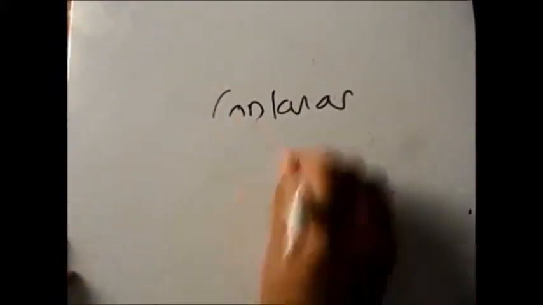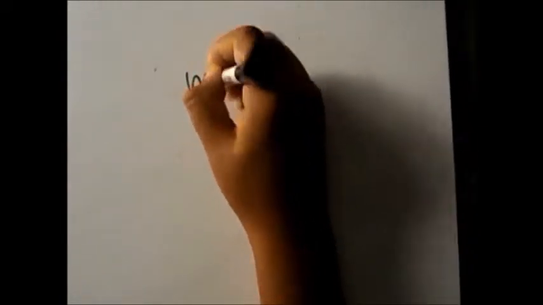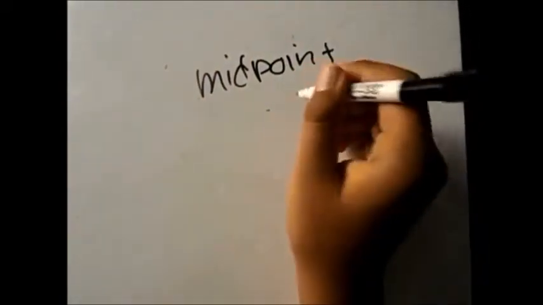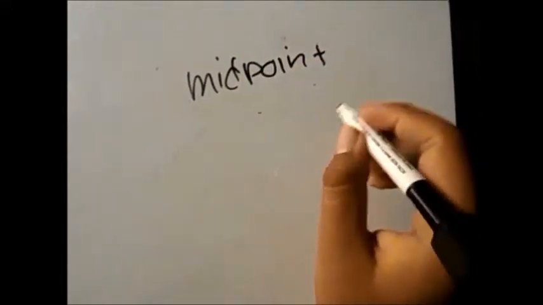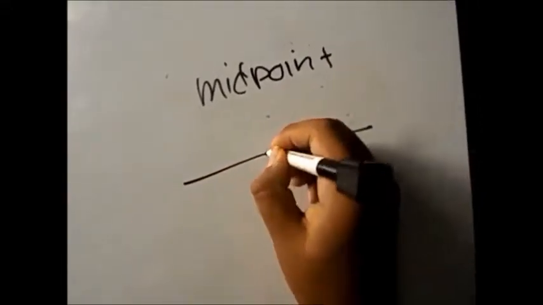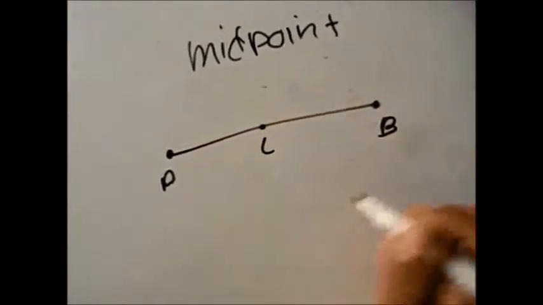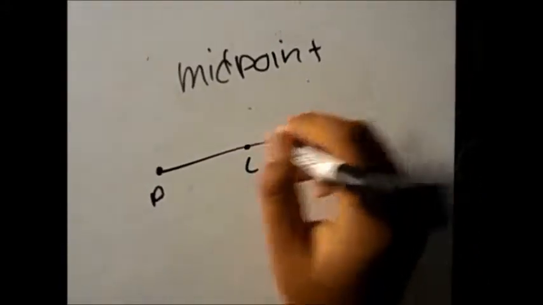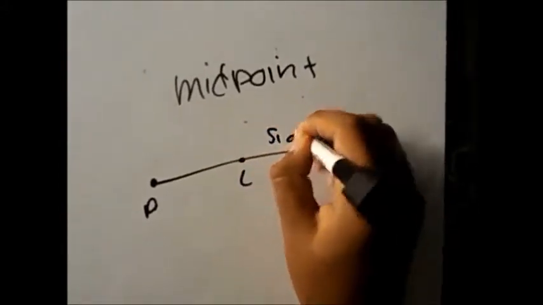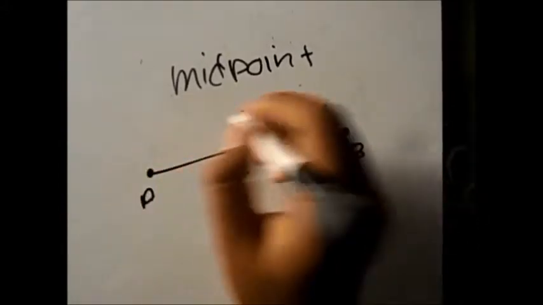The next definition we're going to talk about is midpoints. Now, a midpoint, in this case we're using a line segment, is a point in the middle of a line or a line segment.